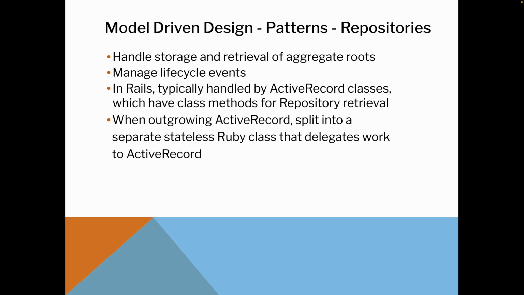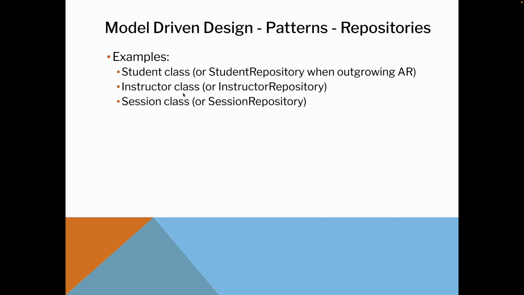So it's good to know about it, but in Rails, we don't necessarily do things that way. Often you just use the class and do things in the class. But if you outgrow it, you do have the option of doing a Ruby class outside the active record that delegates some of its work to the active record. So yeah, you can have a student class that has query methods as class methods, or you could have a student repository.